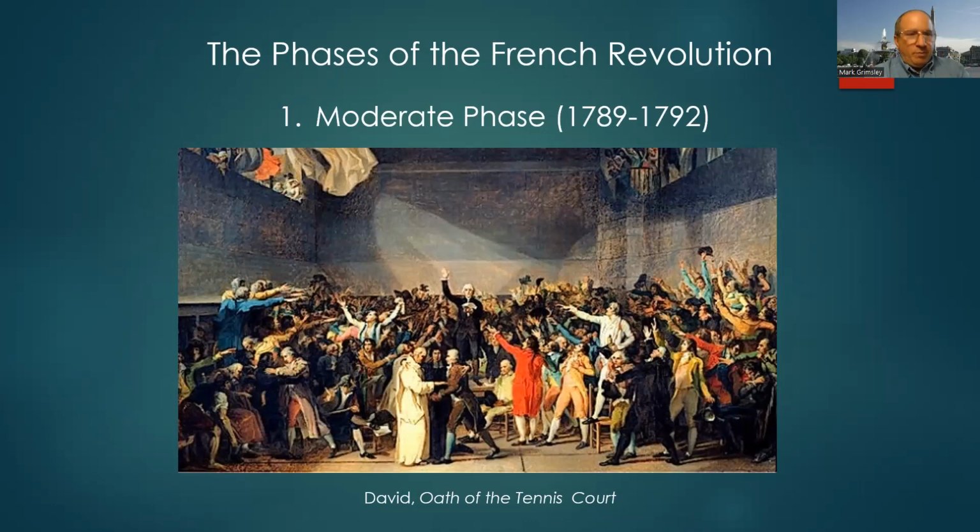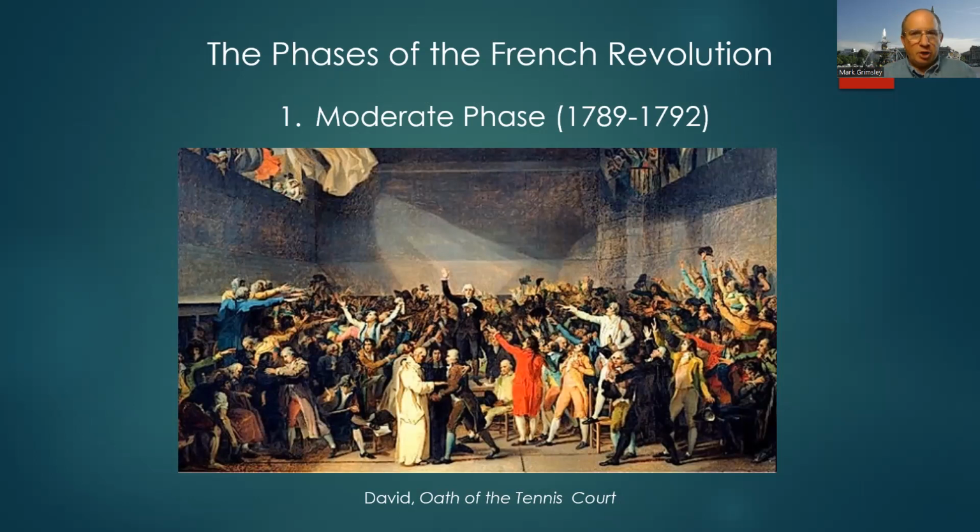When the Estates General met in May 1789, as I've said, the third estate, the commoners, refused to be seated until it was agreed that the voting should be done by head, by individuals, so individual noblemen, individual clergymen, and so forth. And on June 17th, the members of the third estate voted to constitute itself a national assembly.